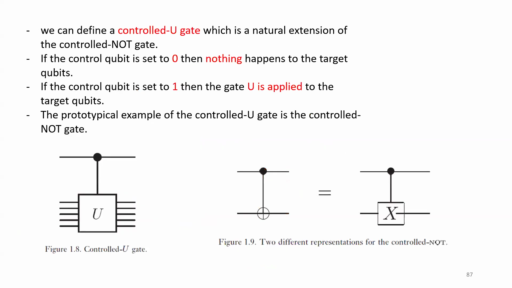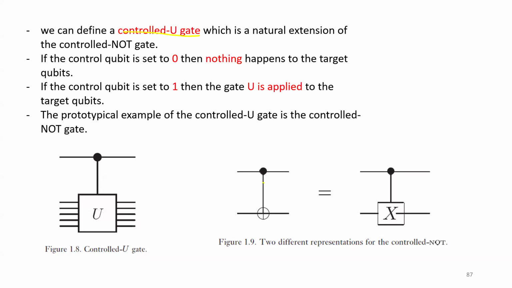In a very similar way, we saw the gates that we found before, and basically we saw that we can do the control U gate, which is an extension of the C naught.